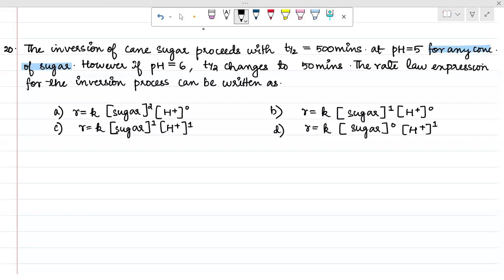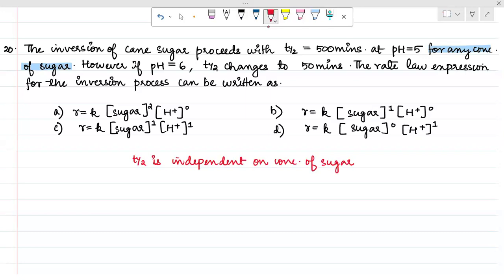Read the question well. They have said that the inversion of the cane sugar proceeds with T half equal to 500 at pH 5 for any concentration of sugar. Very important hint, which means T half is independent of the concentration of sugar.